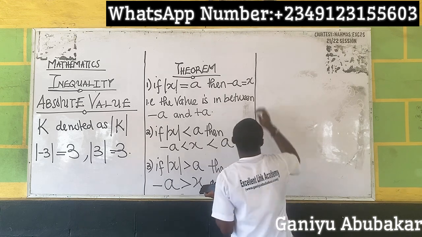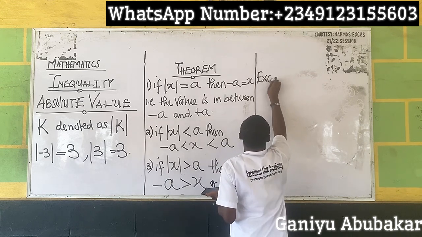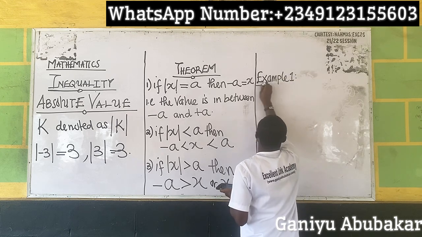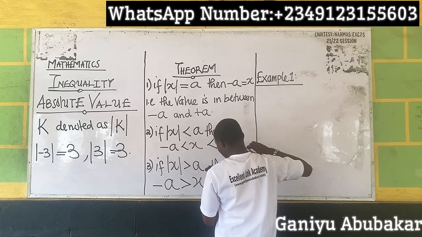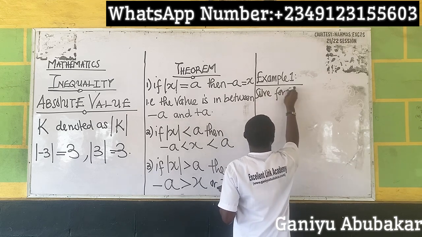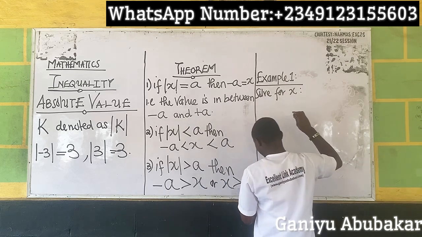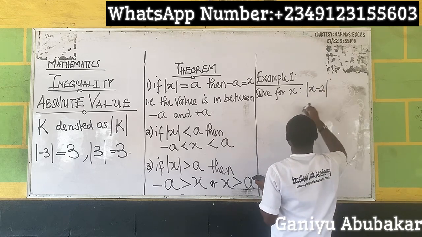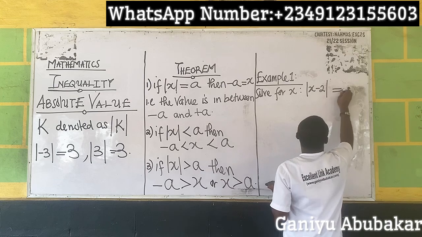Example one. Solve for x, given that the absolute value of x minus 2 is equal to 8.